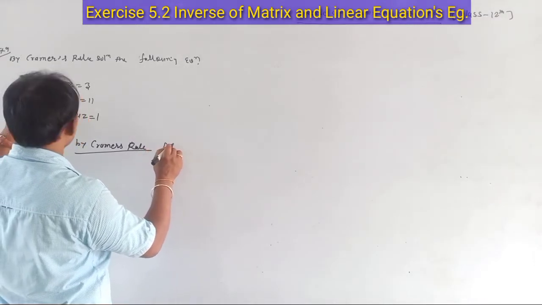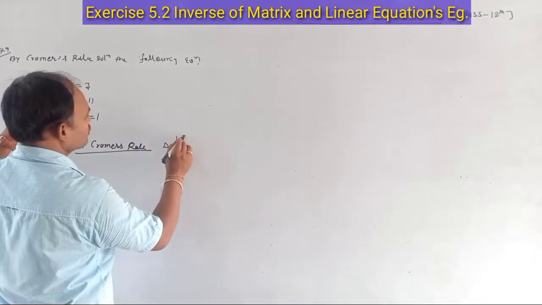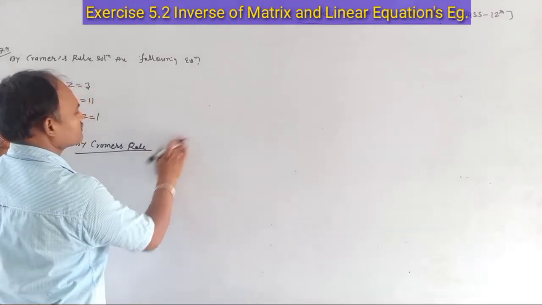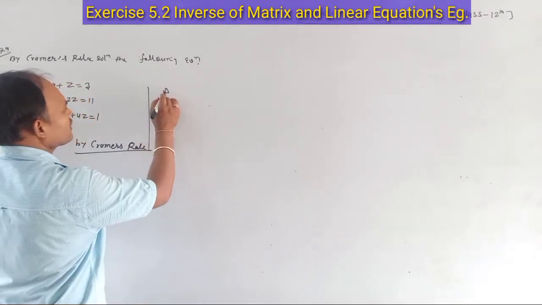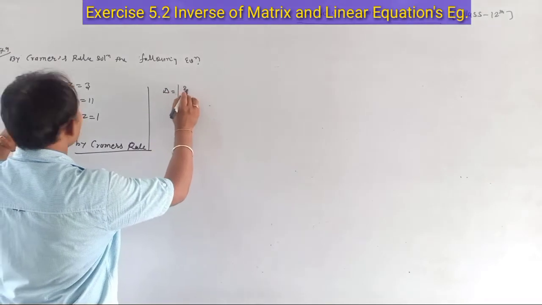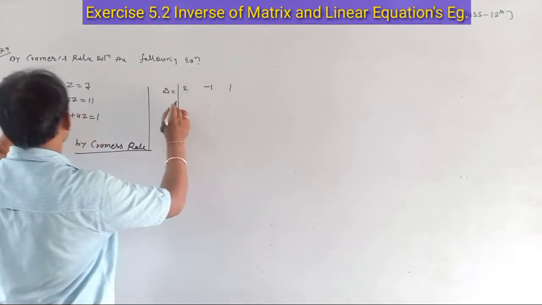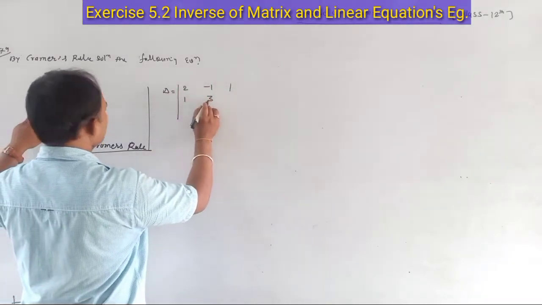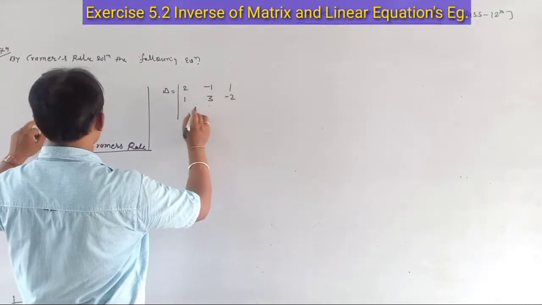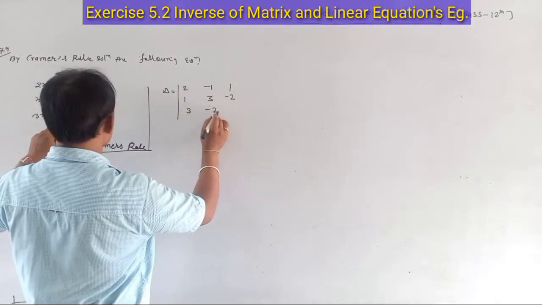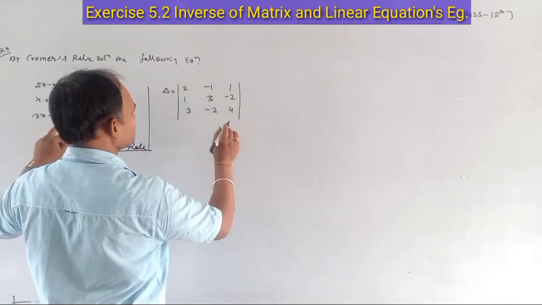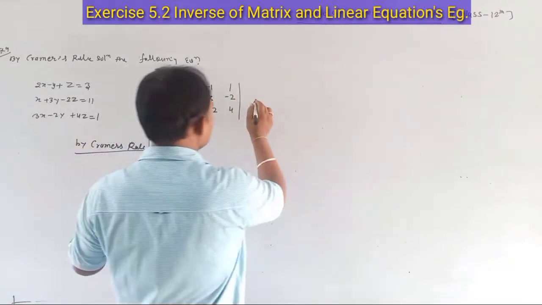Delta equal to, look here, write down here, delta equal to the determinant 2 minus 1 1, 1 3 minus 2, 3 minus 2 4. It is delta.